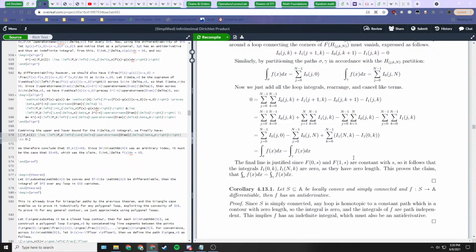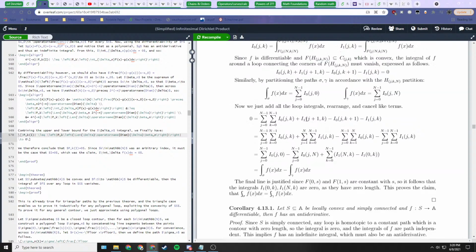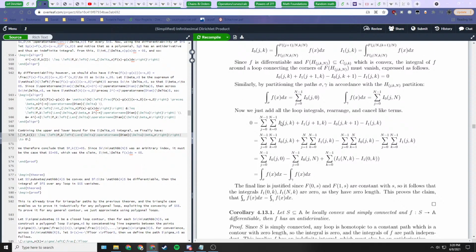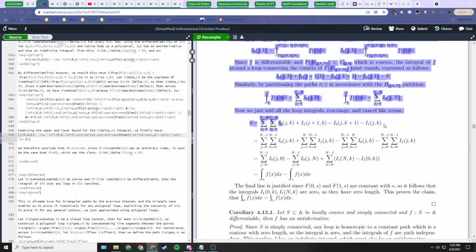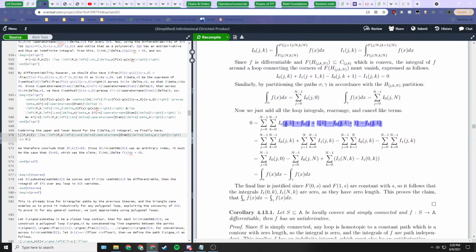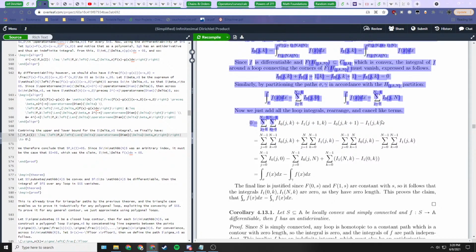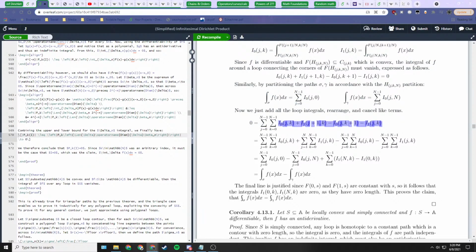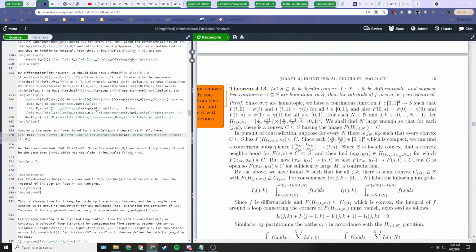The way that we could do that is essentially by the same sort of idea. Suppose it doesn't vanish, then we'll try to find a limit point for these tiles, where these integrals are in a sense too large. That's one possibility.